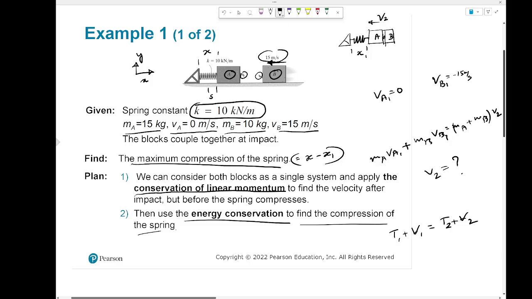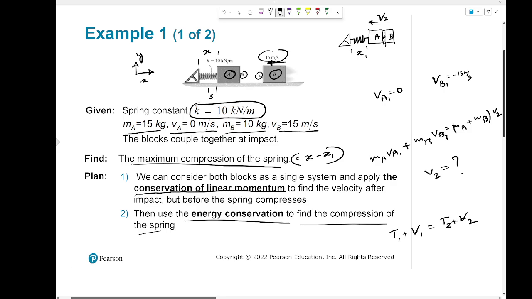So before the impact you have these two blocks, half of mv squared. Now this m is mA and mB, two blocks, right? And the velocity will be different as well. One is not moving, the other one is moving at minus 15. Understand? So that's before the impact. And after the impact, you have a new velocity and all sorts of things. That's the right side. Okay. The left side is like that.